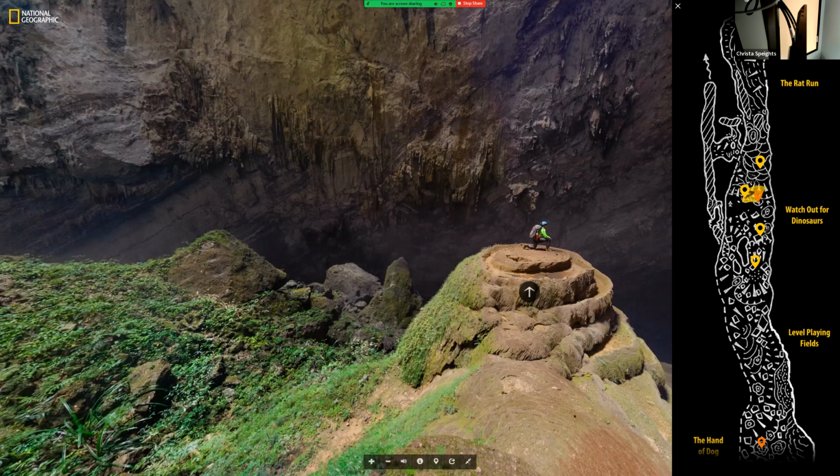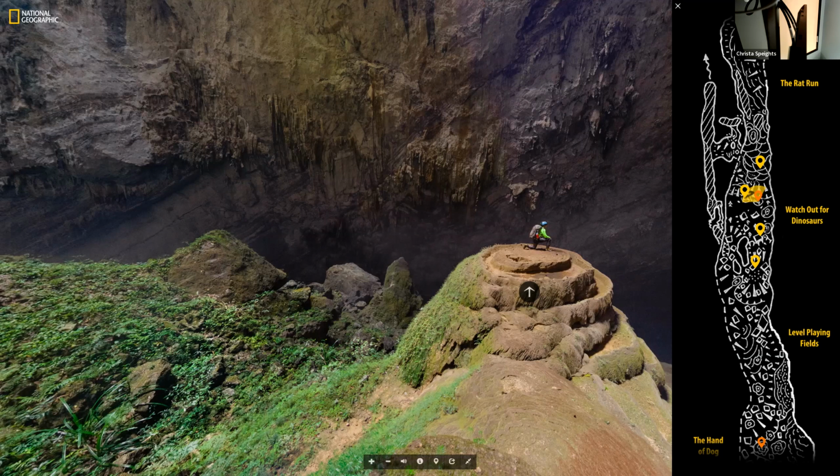We still have sunlight from this Dolomite or sinkhole. This is a stalagmite that I'm guessing would have formed before that sinkhole collapsed, so this would have been inside of the cave.